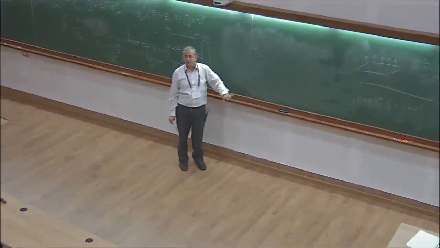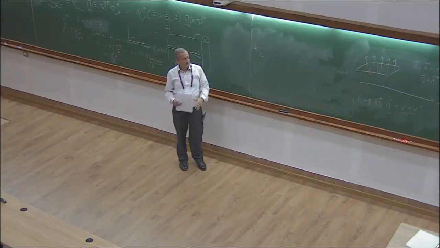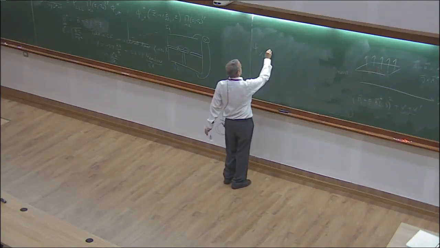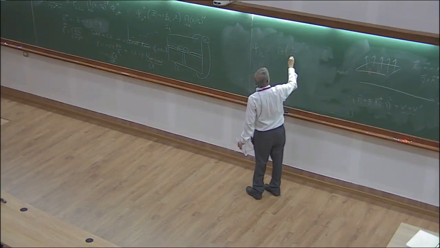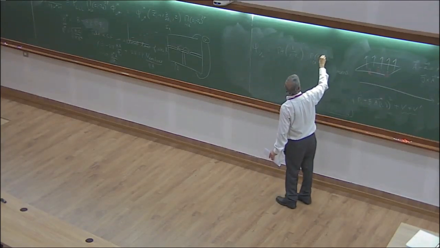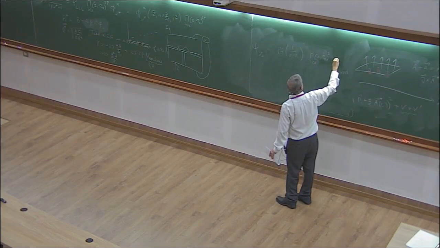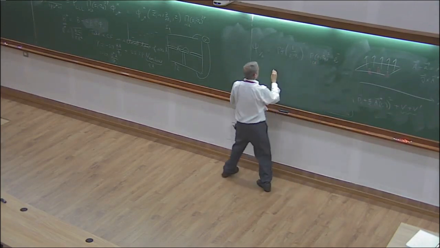This has the form Pfaffian of 1 over Zi minus Zj times the Gaussian factor. The Pfaffian of an antisymmetric matrix is defined in the following fashion.